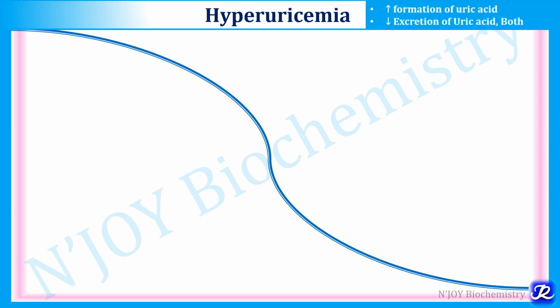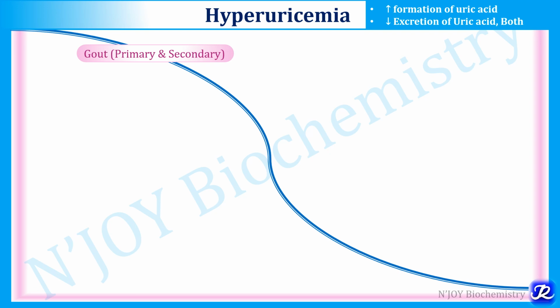Hyperuricemia means increased uric acid concentration. So the causes of hyperuricemia are mainly due to either increased formation of uric acid or decreased excretion of uric acid or a combination of both. So the first cause is gout. Gout can be primary or secondary. The primary gout is a result of inborn errors of metabolism, metabolic disorders that mostly occur due to inherited enzyme defect resulting in increased synthesis of purine nucleotides leading to marked increase in the uric acid and further gout.